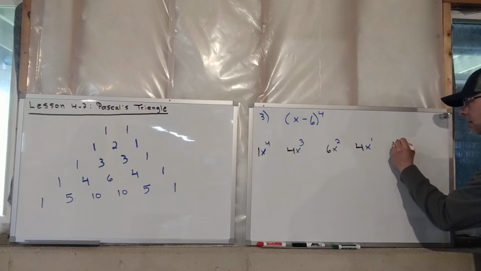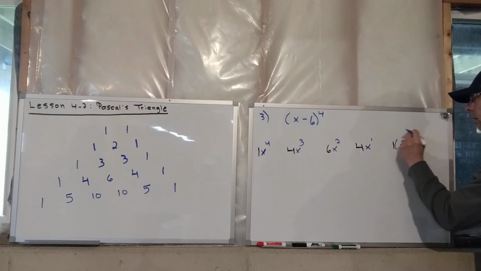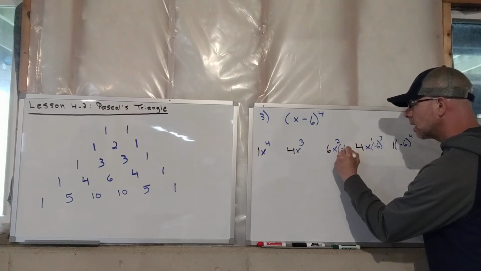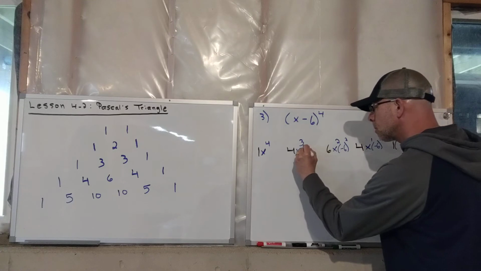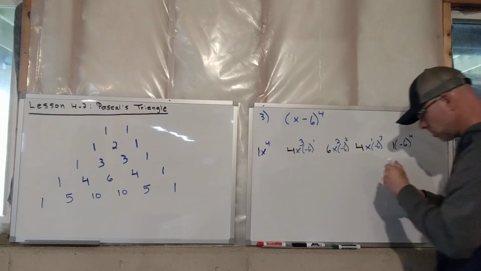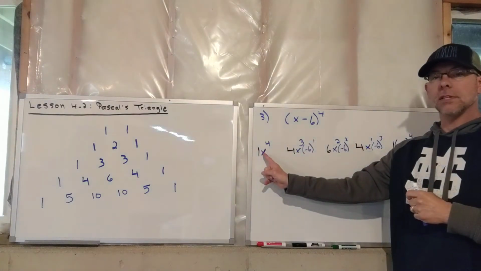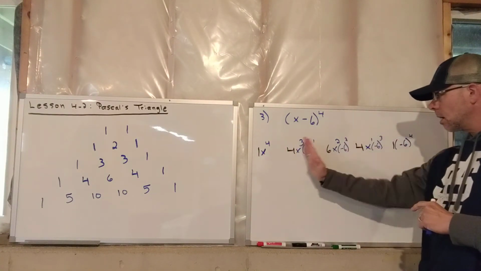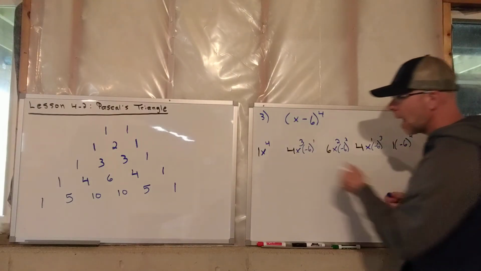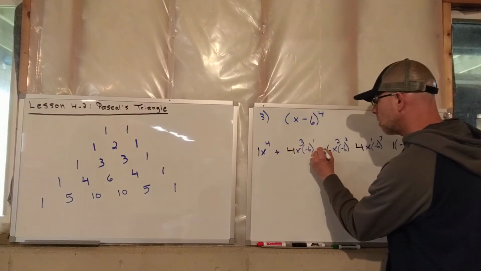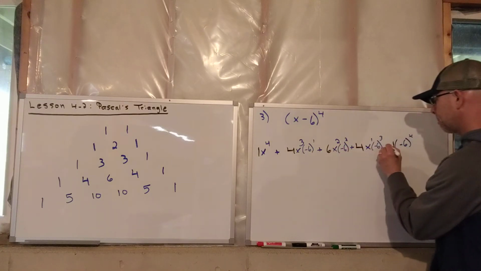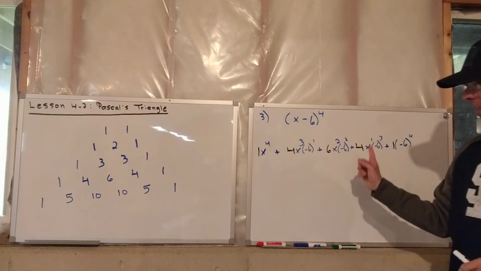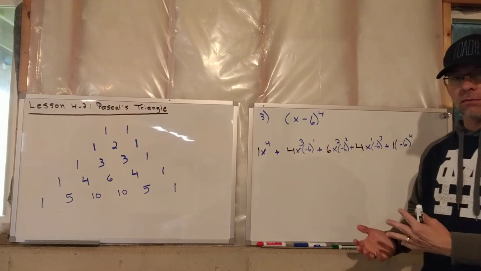So here it'll be times negative 6 to the 4th, times negative 6 to the 3rd, times negative 6 to the 2nd, times negative 6 to the 1st. No negative 6 in the first term. Just like the first two examples. X only here, negative 6 only here, in the middle combined. Now, I am going to write plus signs for the moment. They're not all going to stay plus, though, because there's a negative 6 involved.